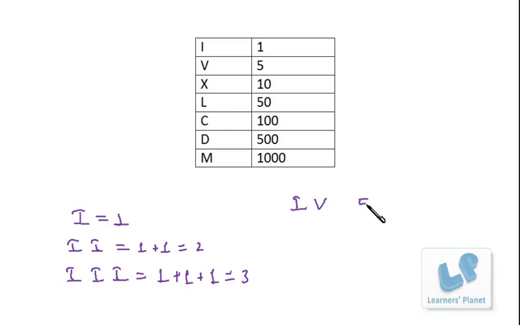So V is 5 and I is 1, so it's 5 minus 1, 4. Now how do we write 5? That is V only.